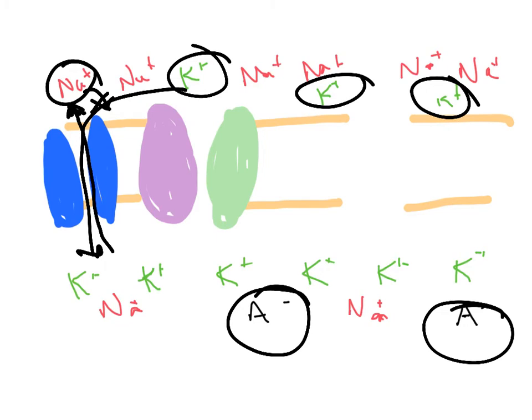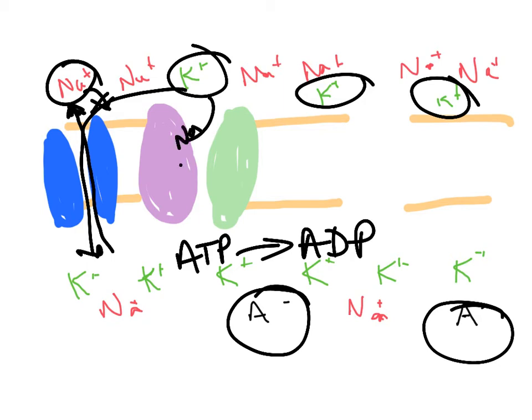Adding to the electrochemical gradient, the electrical gradient, if you remember, is this structure called the sodium-potassium pump, which in the presence of ATP, which is transformed to ADP with a phosphate released and energy released, extrudes 3 sodium ions out of the cell and moves 2 potassium ions into the cell.